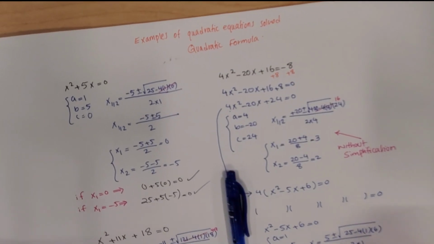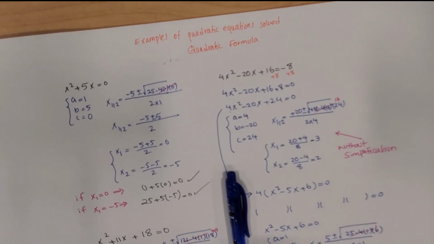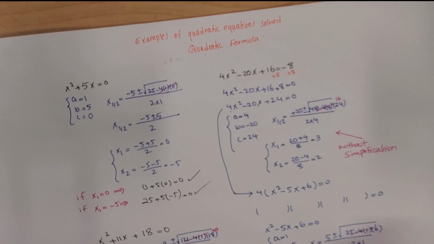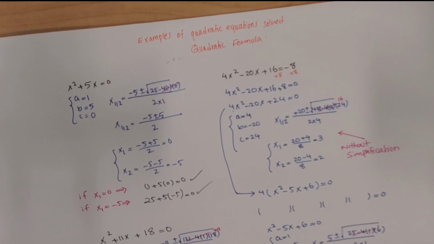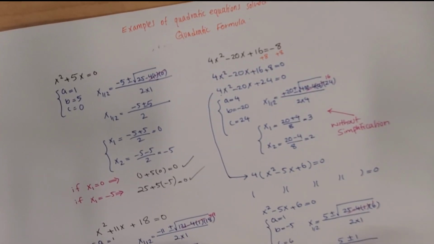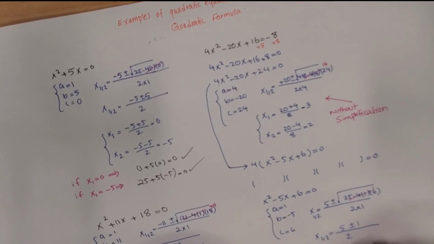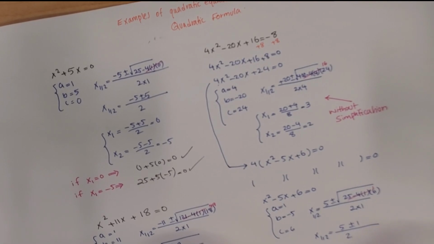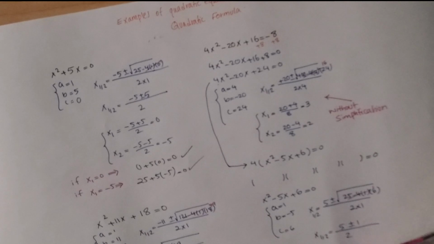Under the radical would be 25 minus 24, which is 1. So here I have 5 plus and minus 1 over 2. The first answer would be 5 plus 1 divided by 2. The second one would be 5 minus 1 divided by 2. So the first answer would be 3. The second answer would be 2. And if you look closely, that's exactly the same as this one.